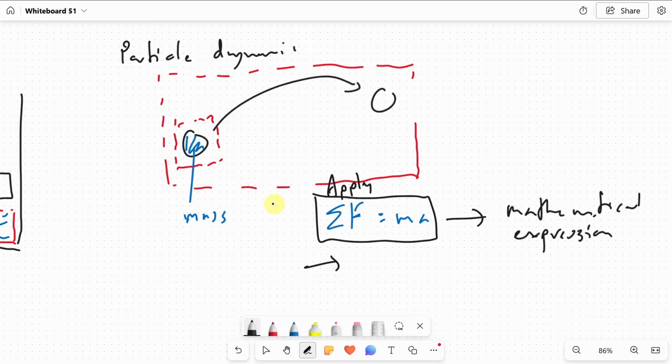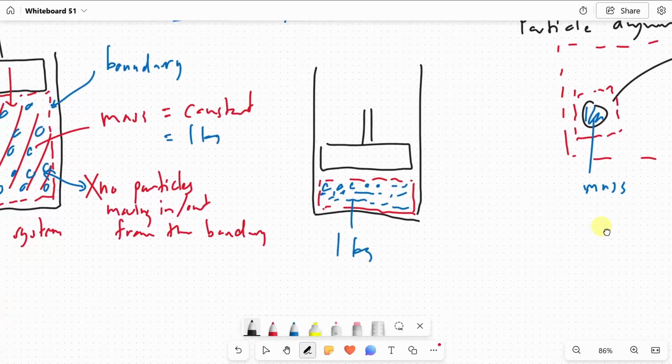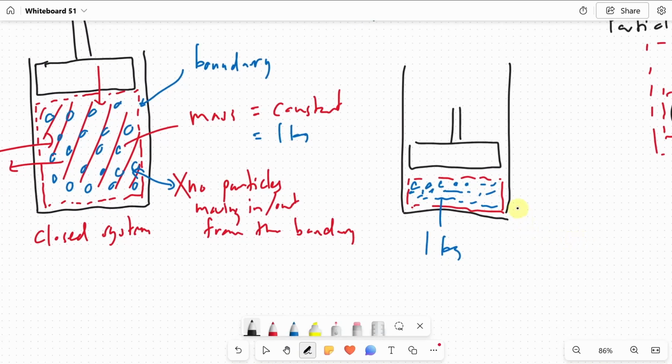If we apply the laws of thermodynamics, the law of the conservation of energy, to this closed system, what you get is a set of mathematical expressions that expresses the changes of energy coming in and out from this closed system.